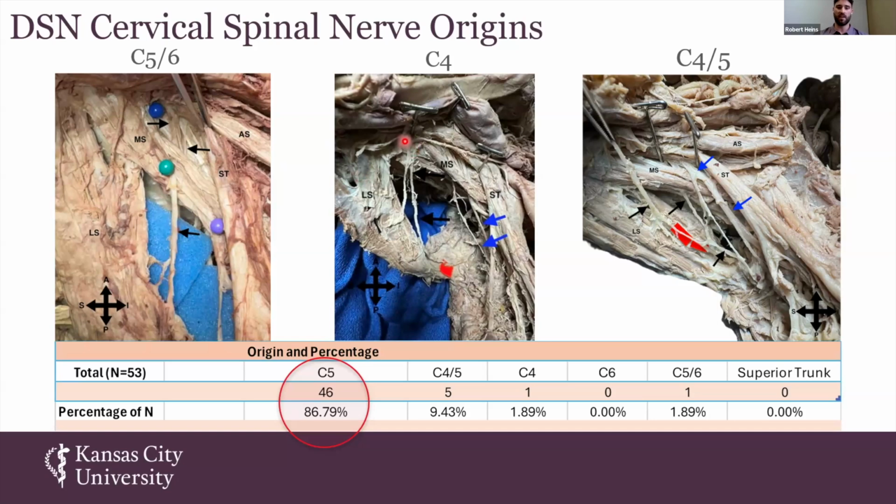We also had one where the dorsal scapular nerve was only formed by the C4 spinal nerve with no C5 component. And then on your right, which is actually personally my favorite dissection of this study, is a C4 coming from here, and then a C5 component traveling between the scalene muscle, connecting to form the dorsal scapular nerve here. This one actually has a connection with the long thoracic nerve, and we'll detail that a little bit further.